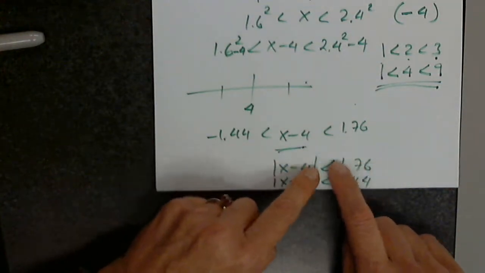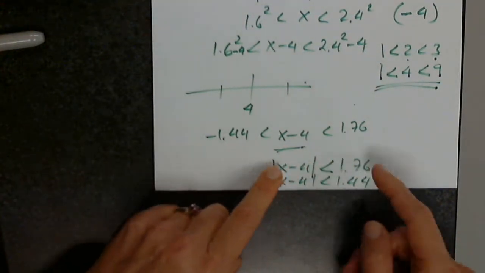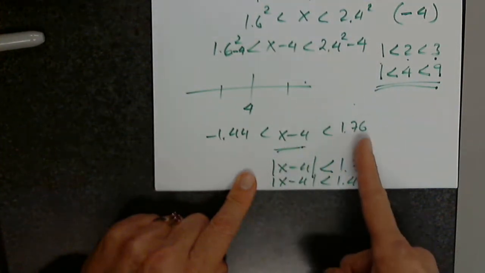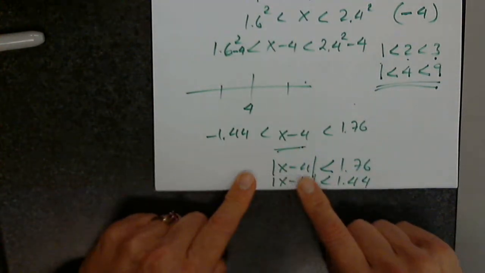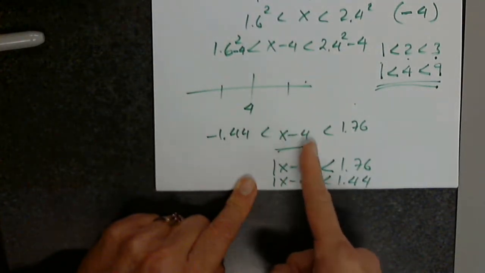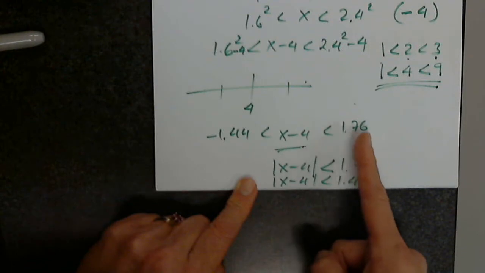What will this change into? This will change into negative 1.76 less than x minus 4 less than 1.76. And what will this change into? Negative 1.44 less than x minus 4 less than 1.44.